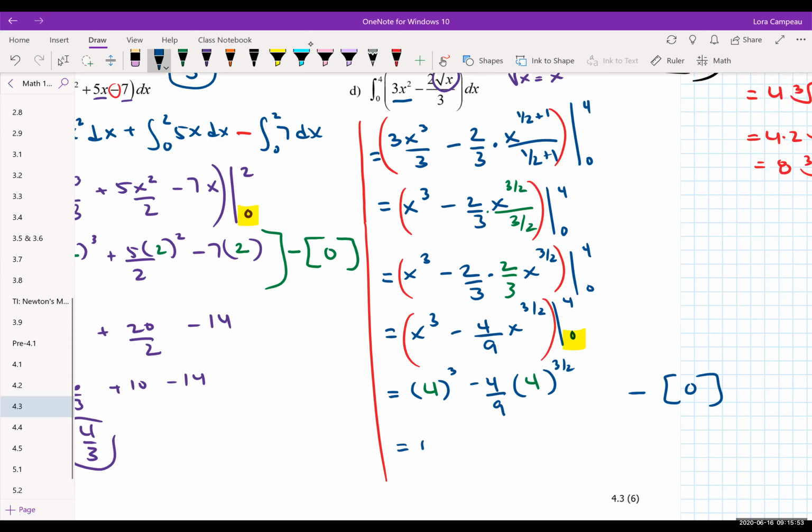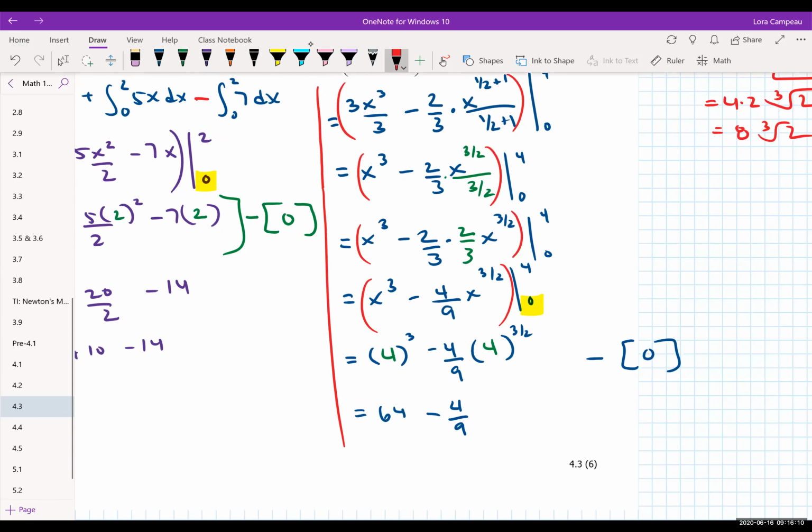4 cubed is 64. If you want to play with the 4 to the 3/2, maybe we take that part off to the side again. Sometimes when it's a radical, we can make it much prettier. So if I kind of looked off to the side and said, okay, 4 to the 3/2 is the same thing as square root of 4 cubed.